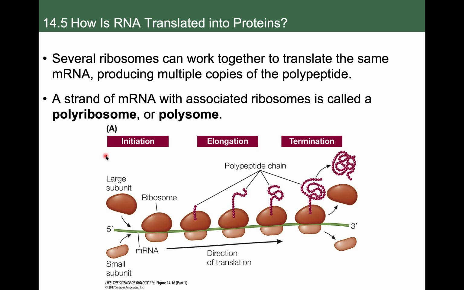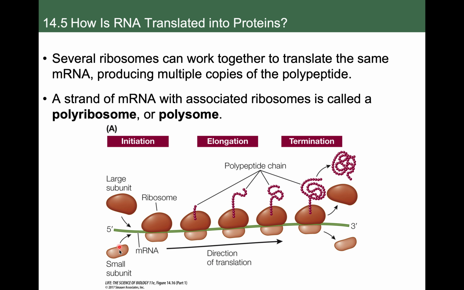And a lot of times we don't see this in the introductory cartoons just because it gets a little complicated, but a lot of times you may actually have multiple ribosomes translating one messenger RNA at the same time. When this happens, it's called a polyribosome or a polysome. But it's sort of just like a stream of traffic.